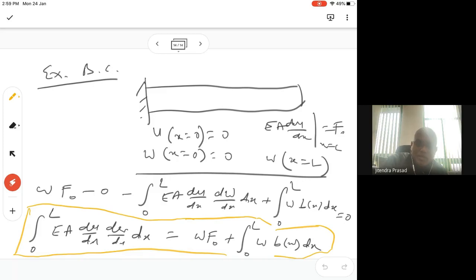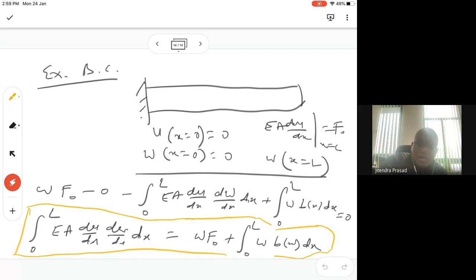Any other question? Okay. In the next class, we will solve it. That means we will actually apply the Galerkin method and see how we can find an approximate solution to a real problem.